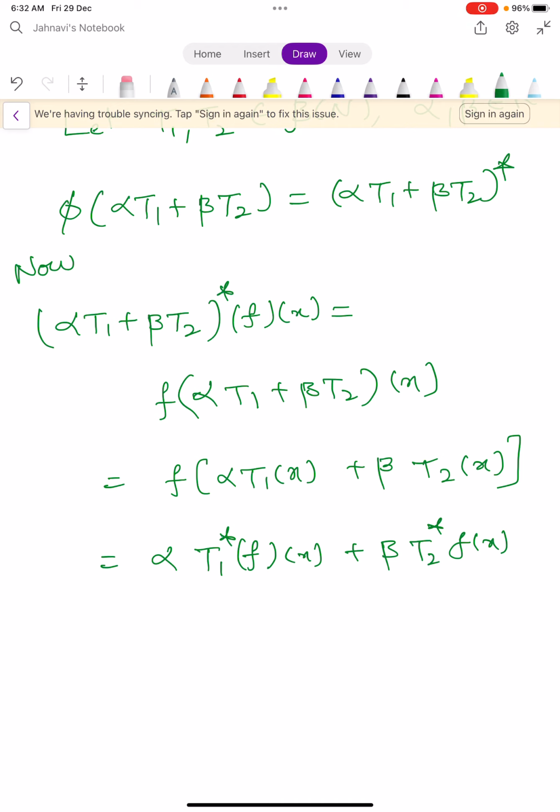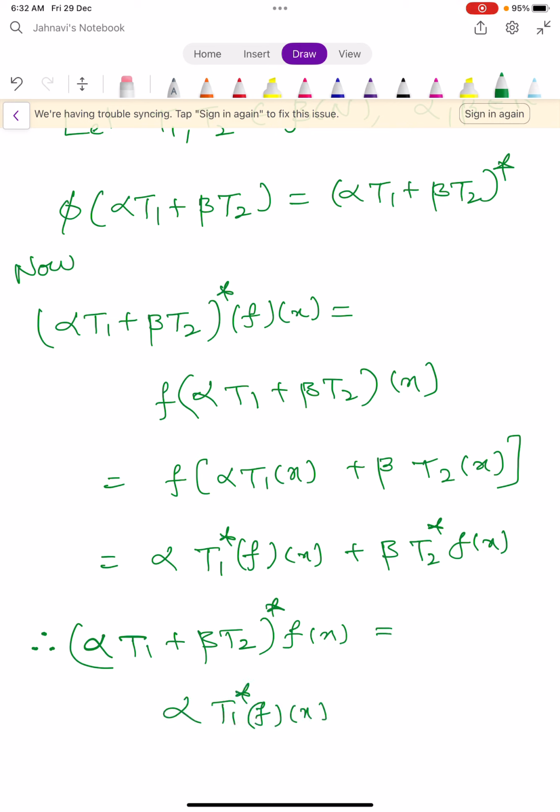So again, (alpha t1 plus beta t2) star f of x is equal to alpha t1 star f of x plus beta t2 star f of x.